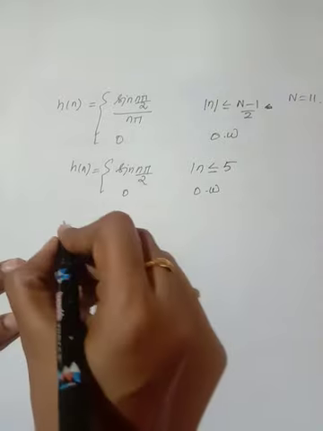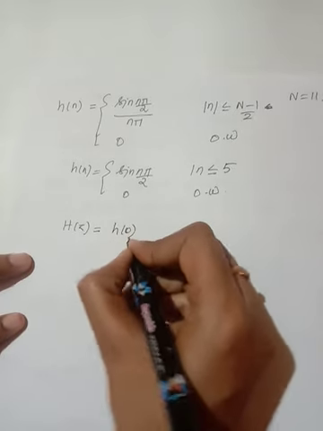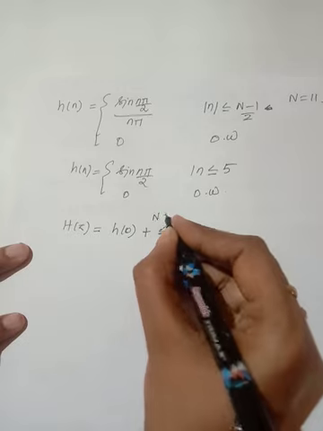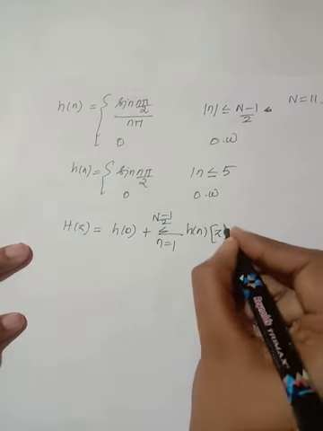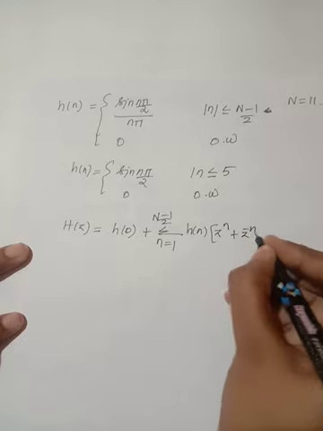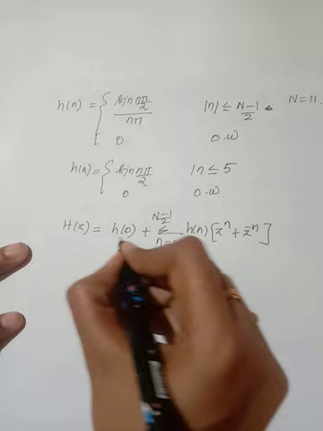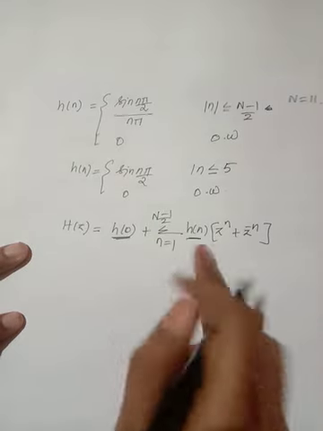The next step is you need to find out the transfer function. The formula for finding the transfer function is h of 0 plus summation n is equal to 1 to N minus 1 by 2 of h of n times z power n plus z power minus n. So this is the formula. In order to find this transfer function, you need to know h of 0 and h of n.